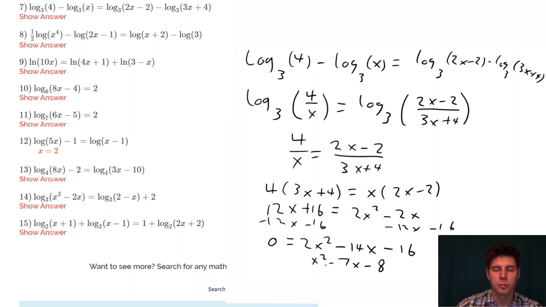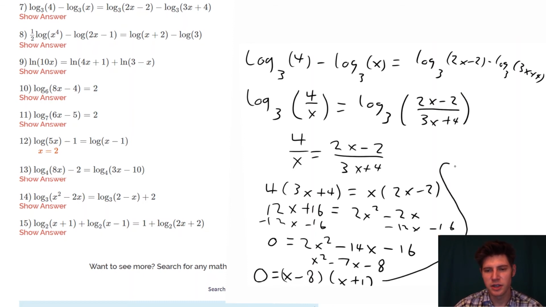And we need two numbers that multiply to negative 8 and add to negative 7. And that's going to be negative 8 and positive 1. So this turns into (x minus 8)(x plus 1), and we're still equal to 0. So this yields x equals 8 or negative 1.